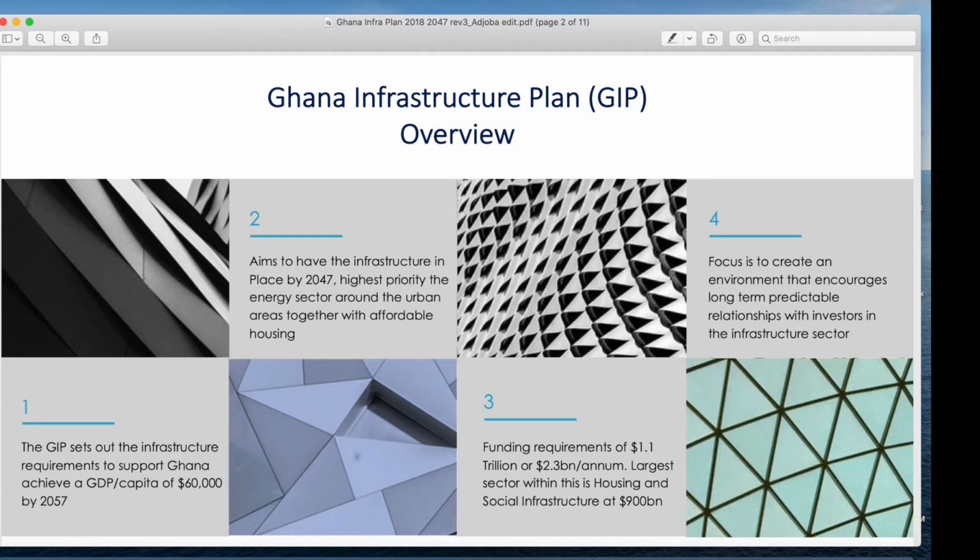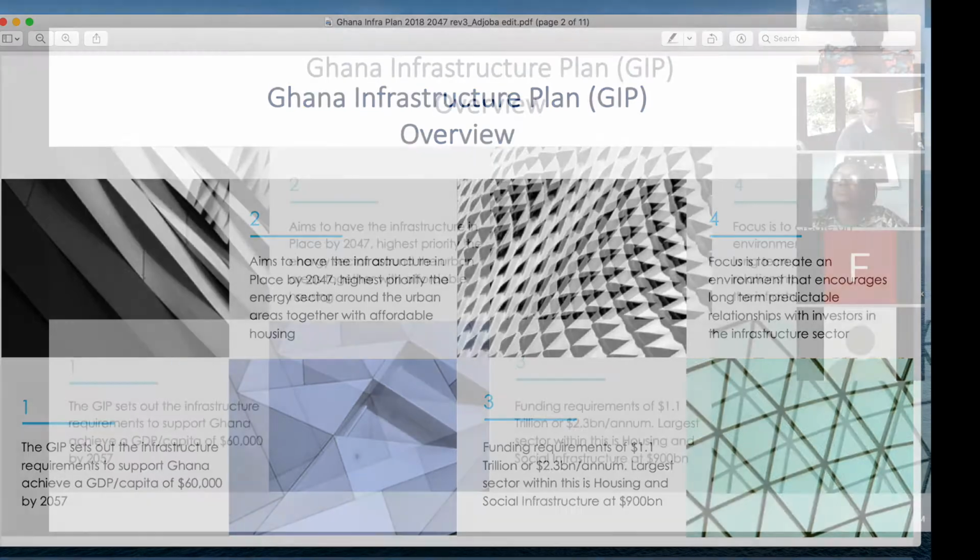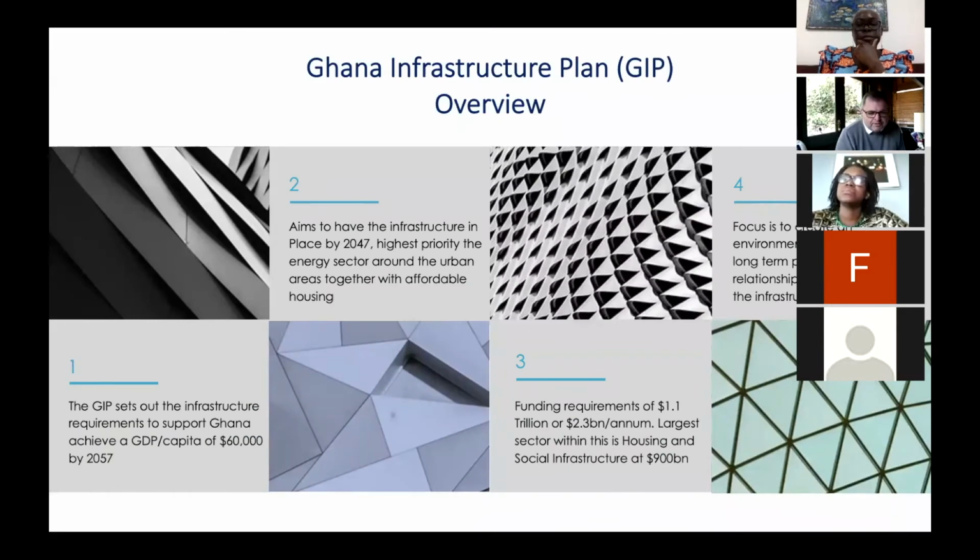So a huge amount of investment over this period, and I will go into the details of where that money is located. But $2.3 billion per annum to achieve that. The focus is to create an environment that encourages long-term predictable relationships with investors. So they're talking about partnering more deeply with the private sector in the delivery of this.